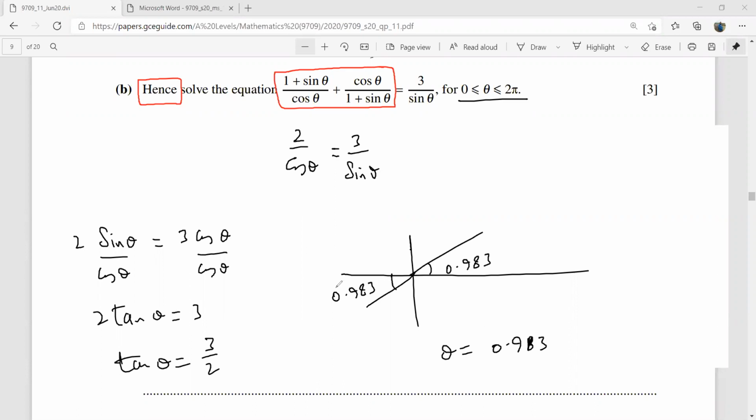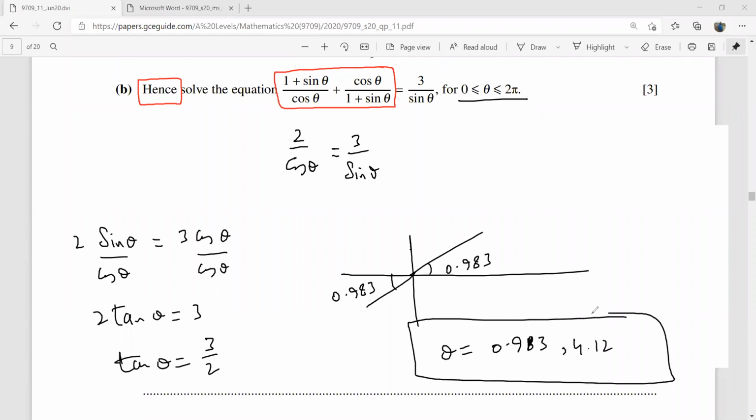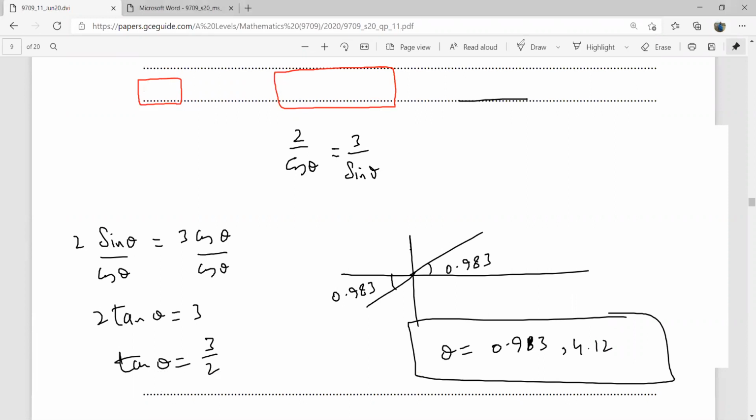Can you tell me what is pi plus this? 4.12. So these are the two solutions of this equation. Okay? Let's move to the next question.